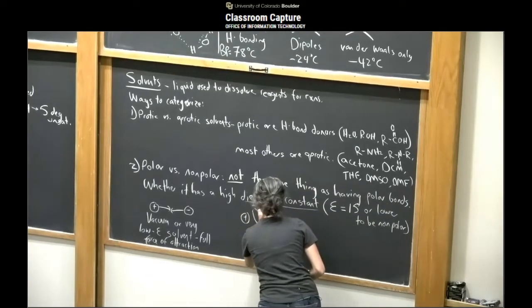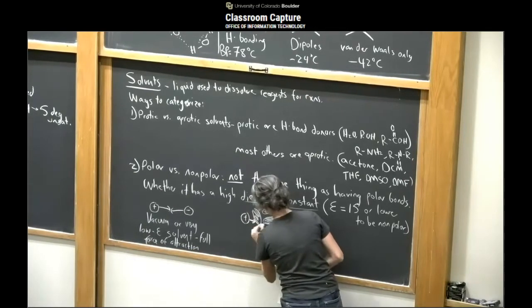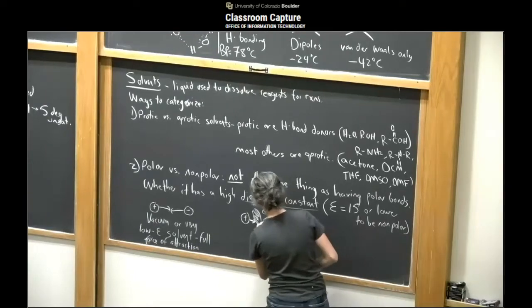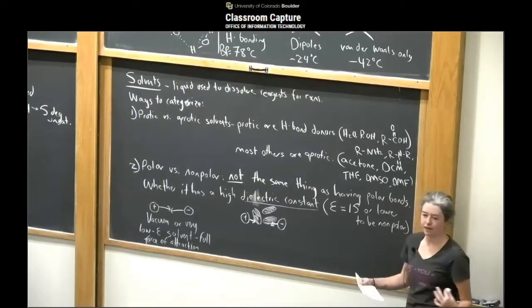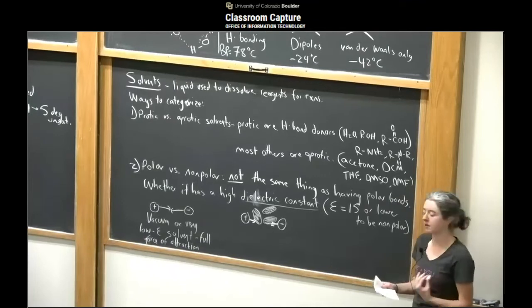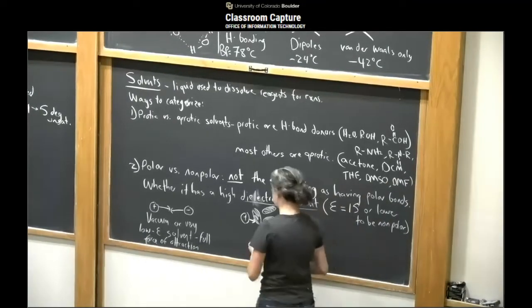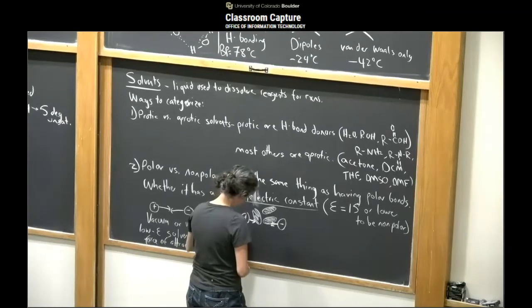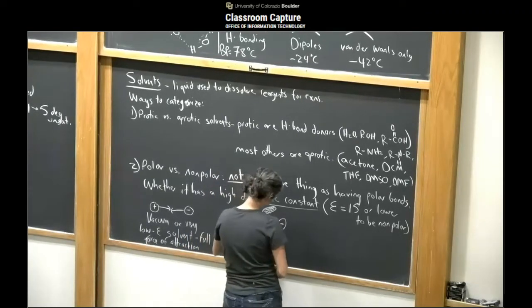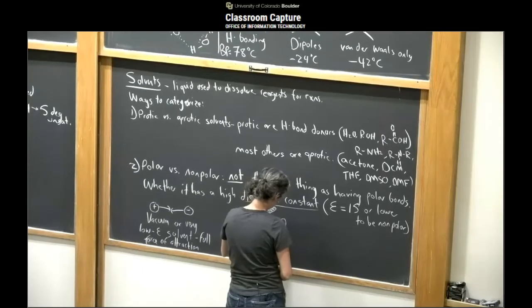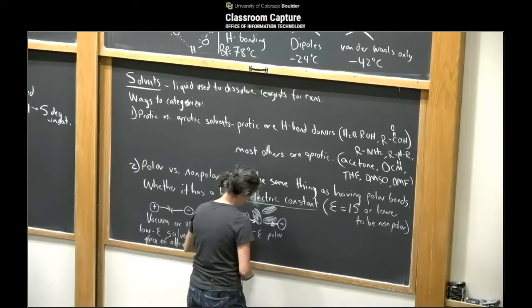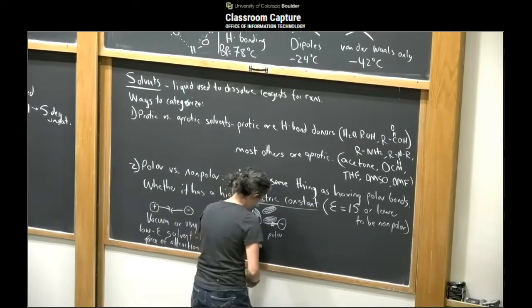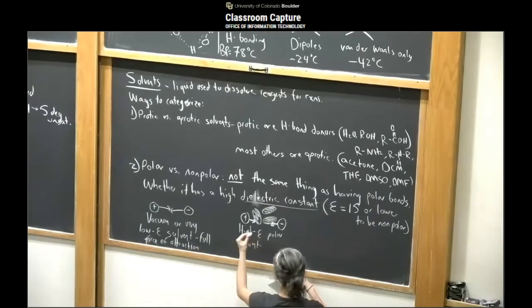So whatever these molecules look like, they're making it so that even at the same separation, these two ions are only getting pulled together a little bit compared to before. So a high dielectric polar solvent means lower force between ions.